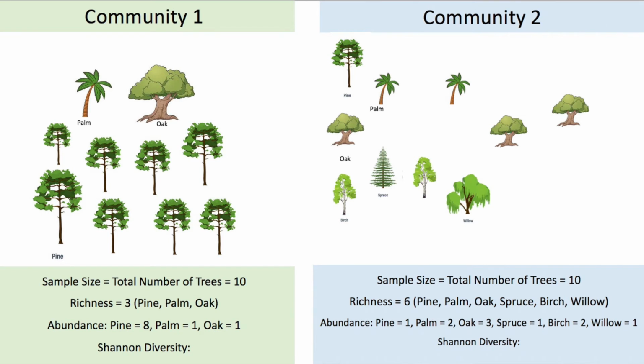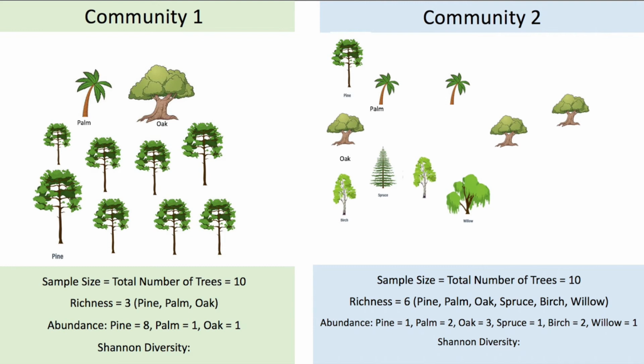So going back to our forest community, we are looking at a rarefied version of our community. Both communities have the same sample size of 10 total trees. And when we count up the unique types of trees in each community, we see that community 1 has a richness of 3, and our second community has 6 unique types of trees, or a richness of 6.